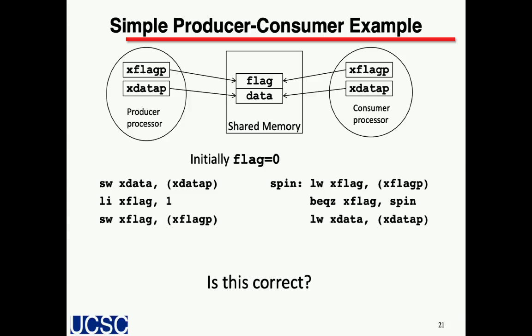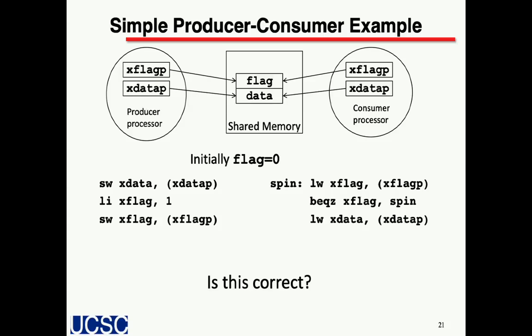So the simple case is the branch equals goes forward before the one is written to flag, and it says that it's zero incorrectly, but by the time it would go to load the data, the data should be there because the flag would be one at that point.